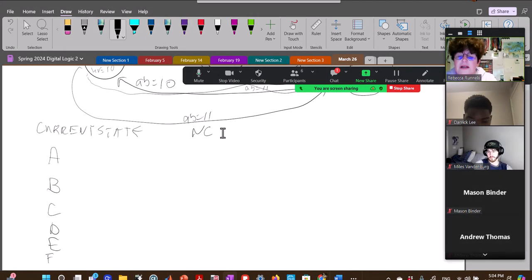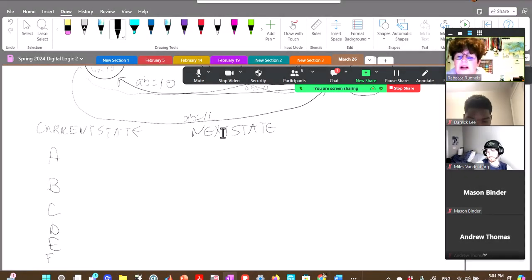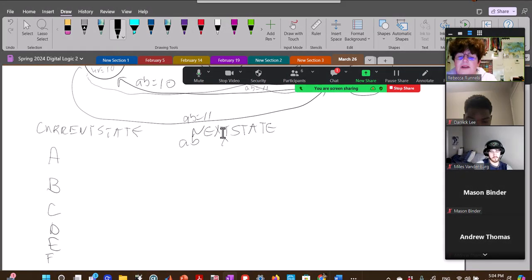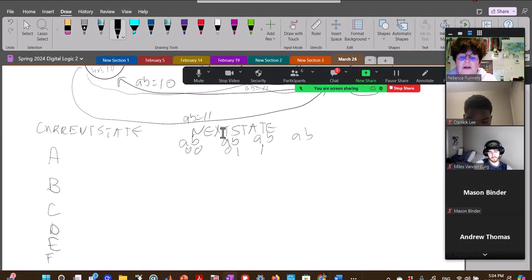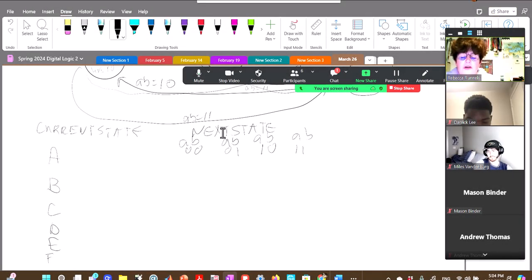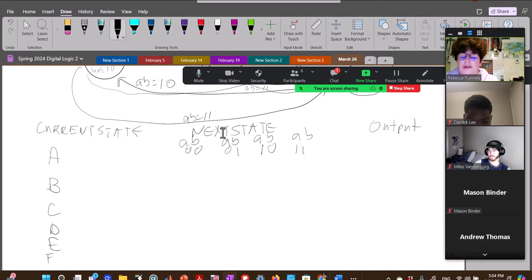And then you'll have your next state, and that will be based on your AB values. So AB could be 0 0, 0 1, 1 0, or 1 1. And then you have your output, and your output is based solely on your state.